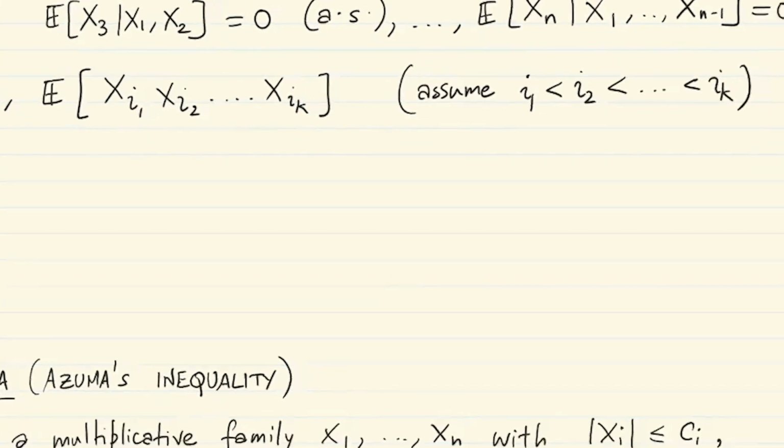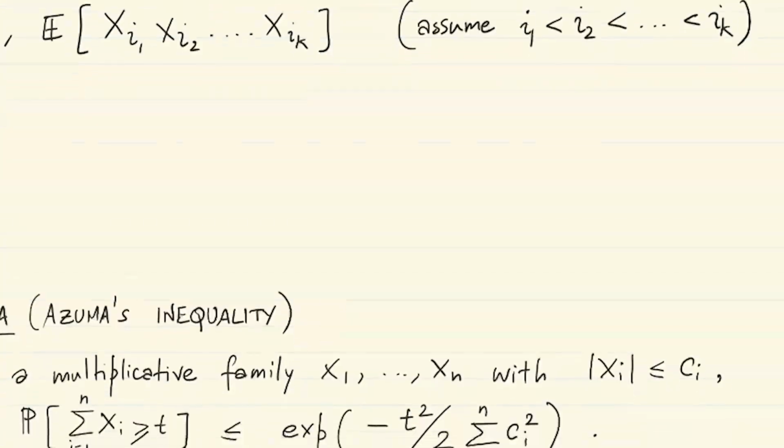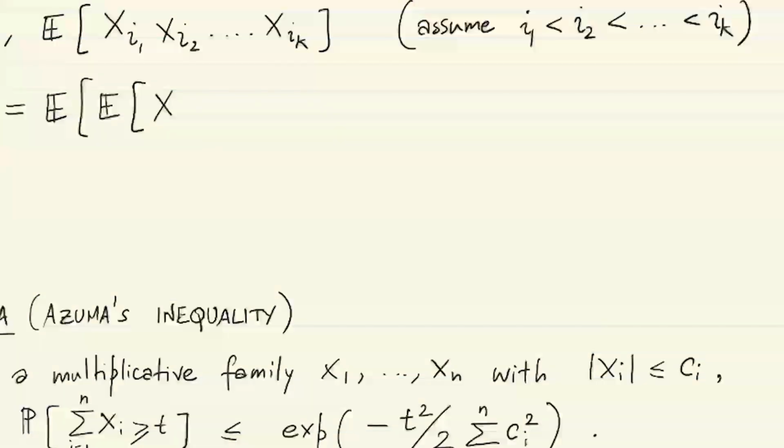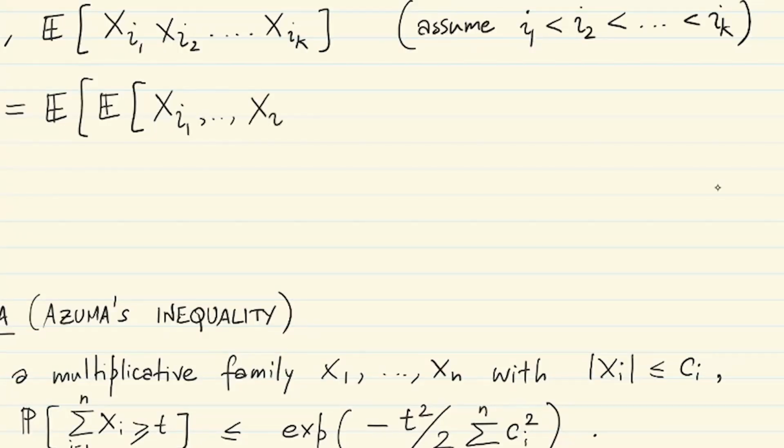If you wanted to evaluate the expected value of such a product, here's what you could do. By the iterated property of the expectation, let's condition inside on the first i_k minus 1 random variables. So X_{i1} up to X_{ik} conditioned on X1, X2, X3 all the way up to X_{i_k minus 1}.